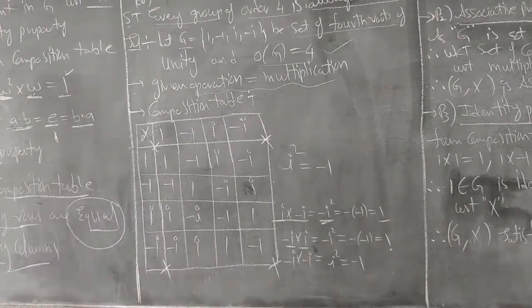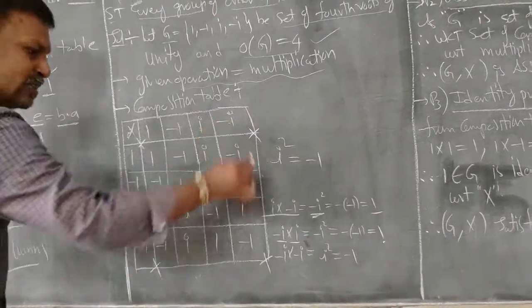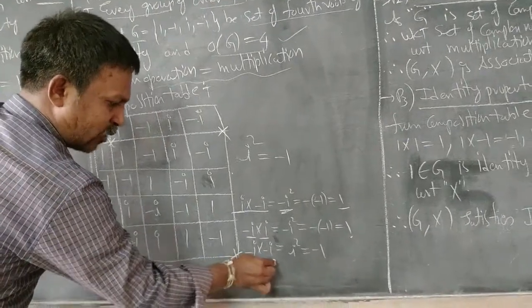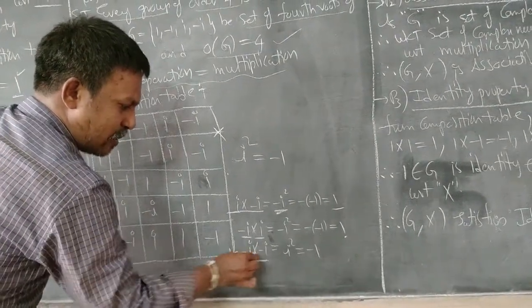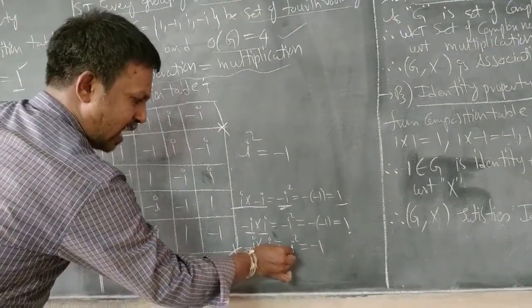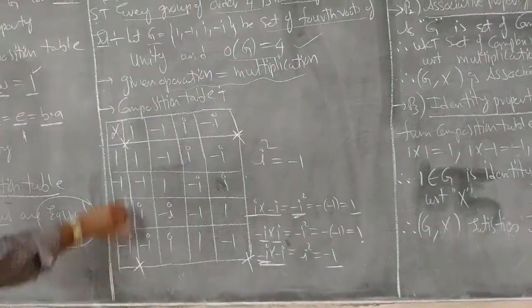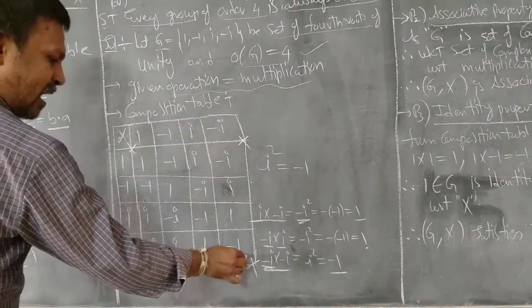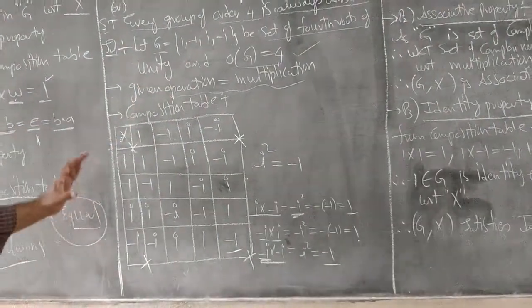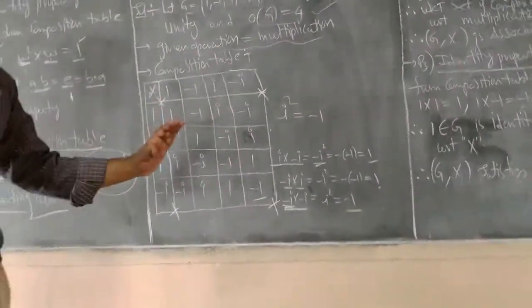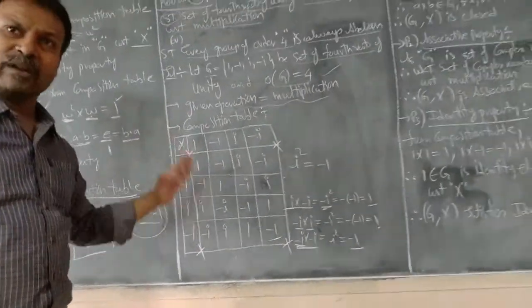The last entry, -i into -i. See here, I have written the calculation. Minus into minus gives plus, i into i gives i square, where i square is equal to -1. Therefore, -i into -i is -1. So all the entries are entered in this composition table.